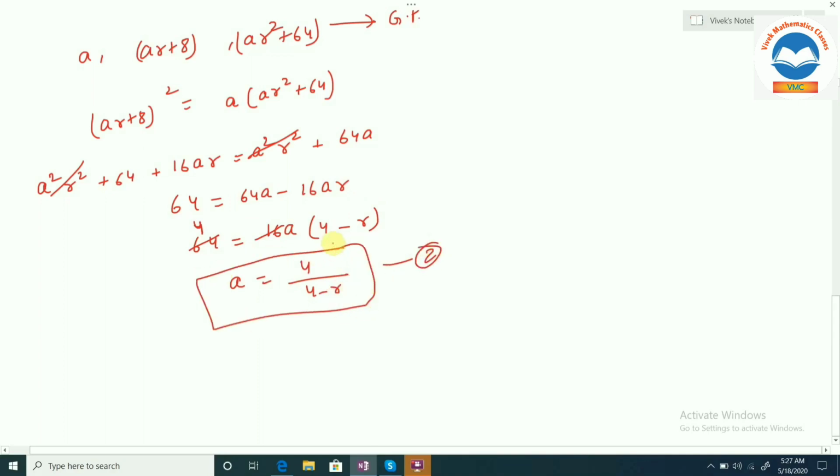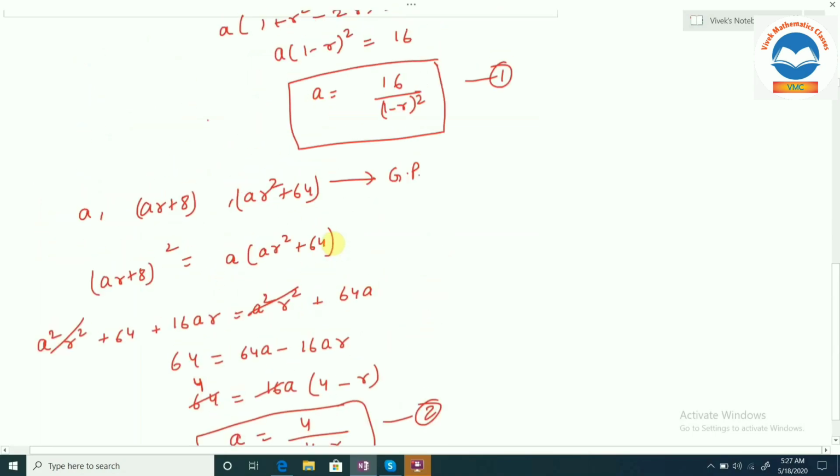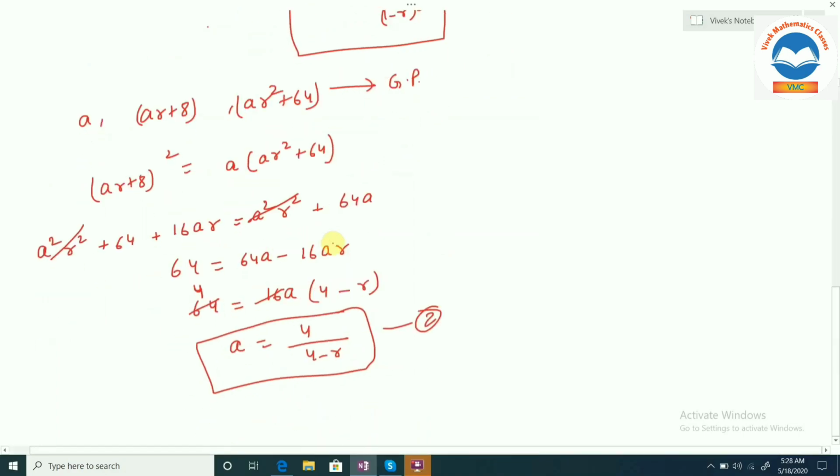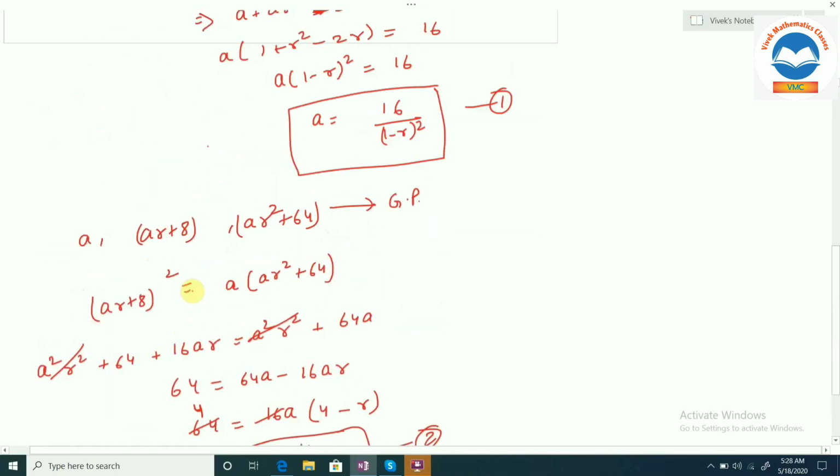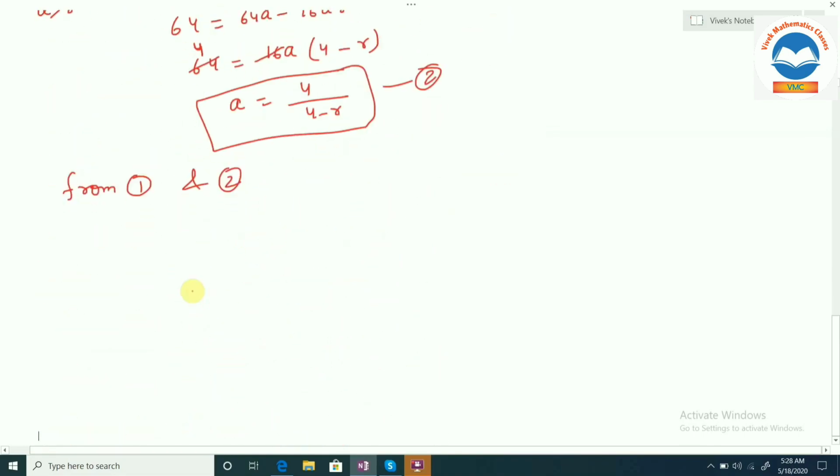Now in equation number 1, what A value did we get? A equal to 16 divided by (1 minus R) whole square. In both cases we are getting the A value, so we can equate. From 1 and 2, 16 divided by (1 minus R) whole square will be equal to 4 divided by 4 minus R. We can cancel 4.